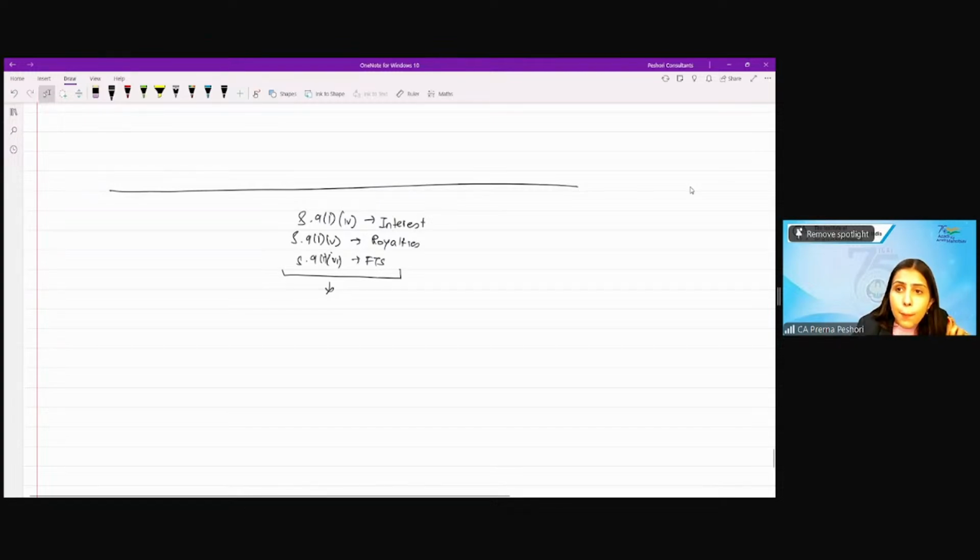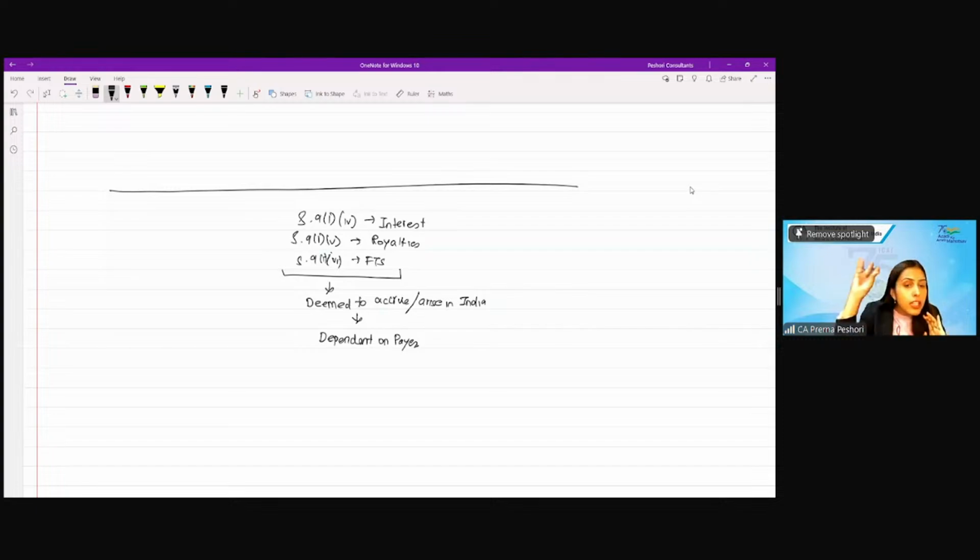Where is the payer resident? So, these will be deemed to accrue or arise in India. This is dependent on the payer. See, for business income and capital gain, 9(1)(i) was taken. For business income, it was dependent on business connection.